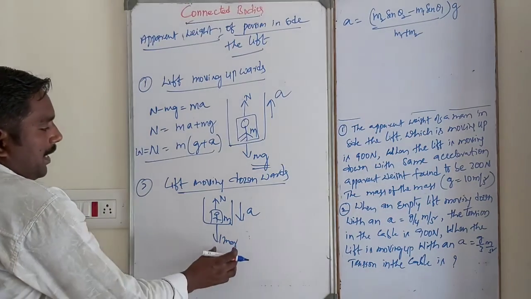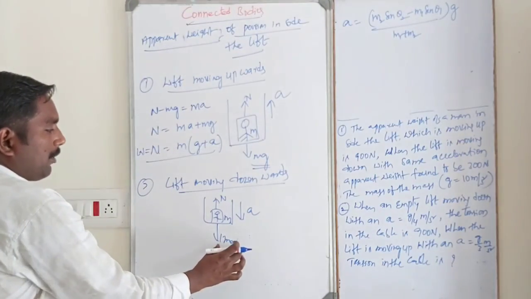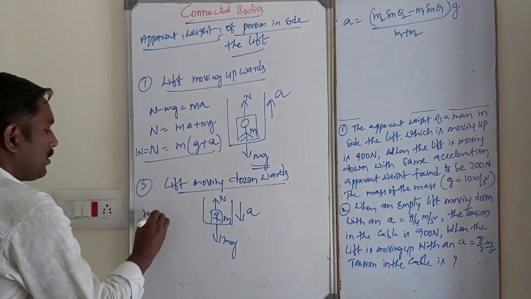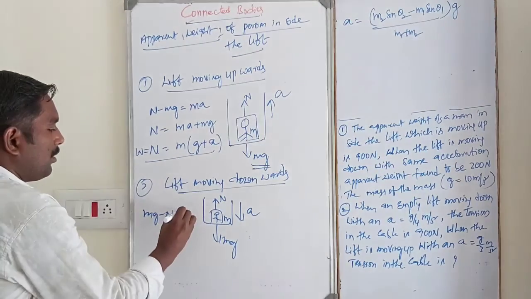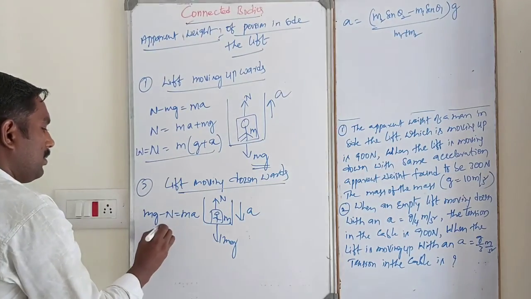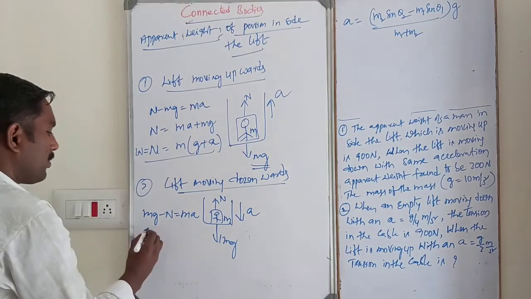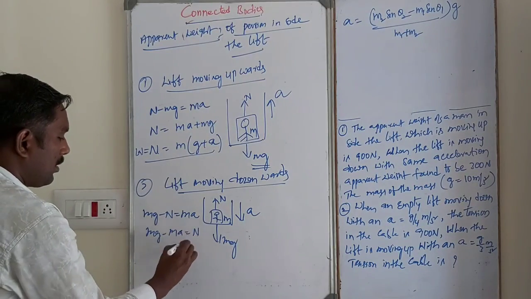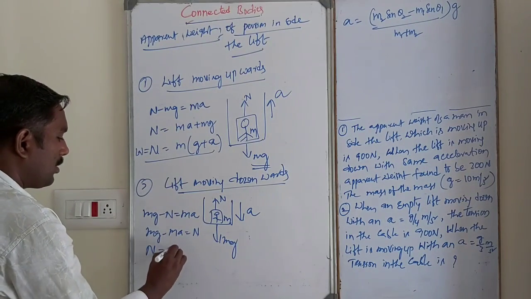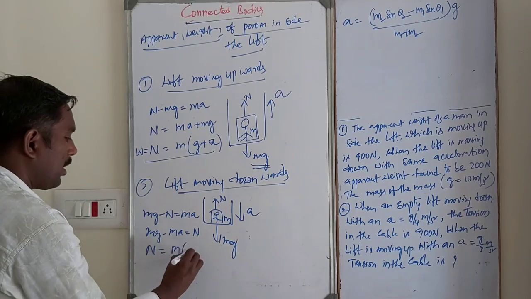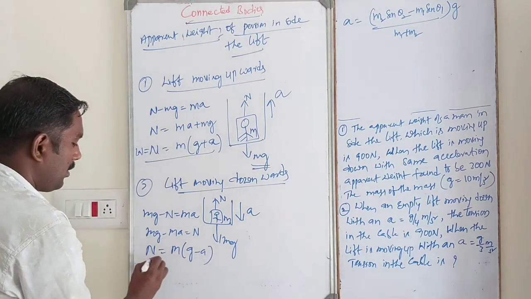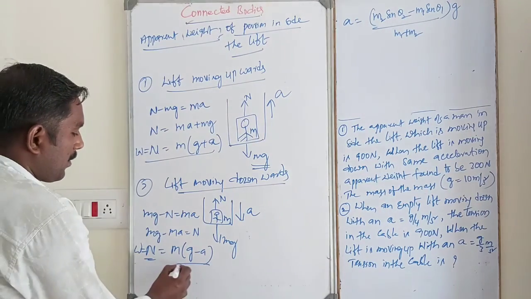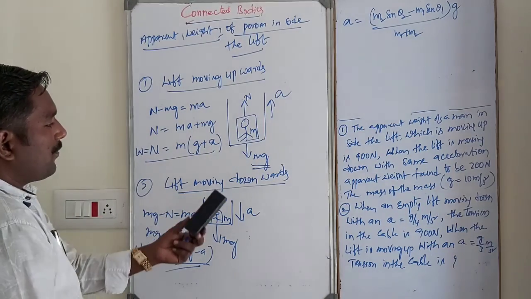In this case, the weight of the person is less. So mg minus normal reaction is equal to ma. Taking m common, N is equal to m(g minus a). This is the apparent weight or normal reaction of the person when the lift moves in the downward direction.